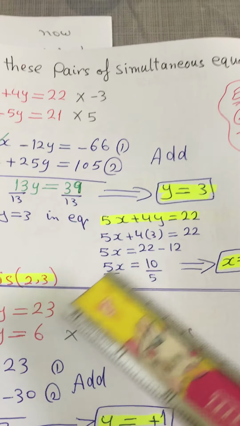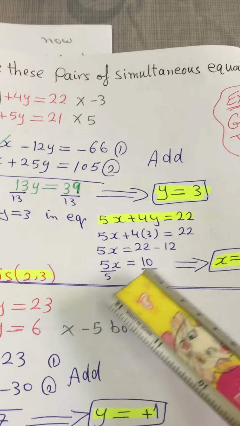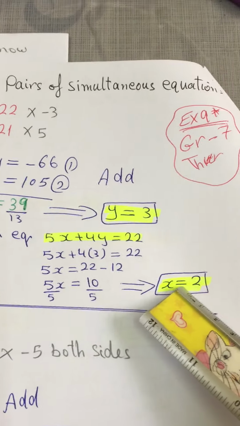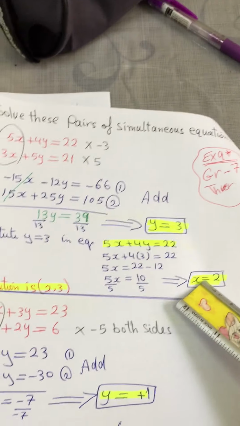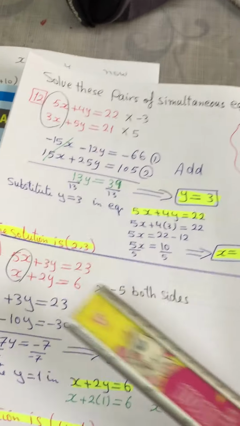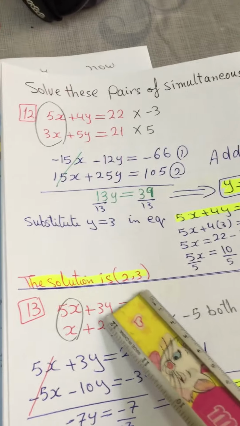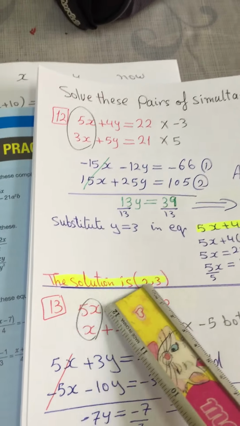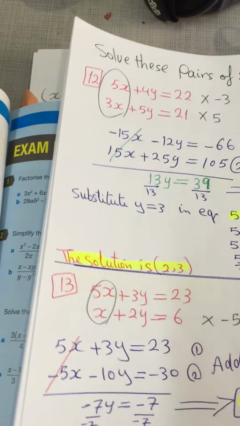Then solve the equation. So 5x equal 10, divided by 5 both sides, so x equal 2. Now you have y equal 3 and x equal 2. The solution is x first and then y, so the solution is 2 and 3. Like this.